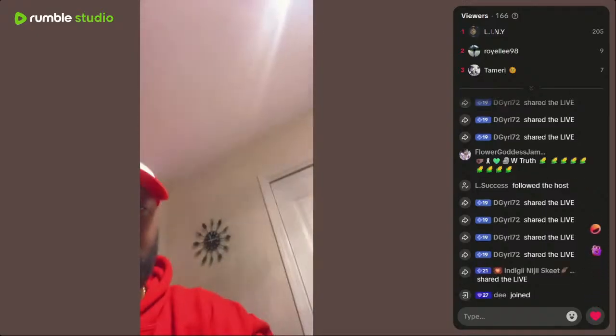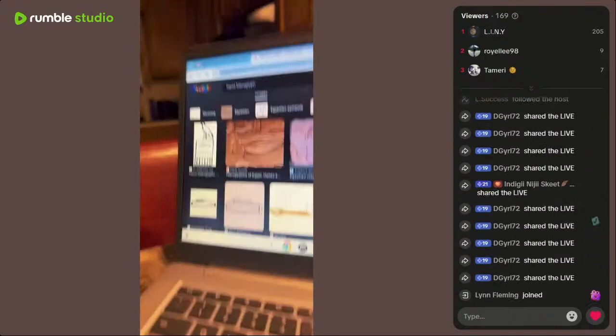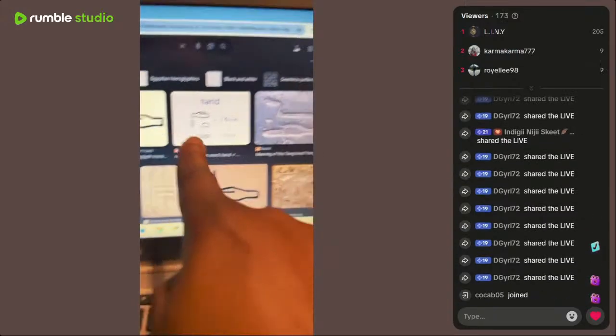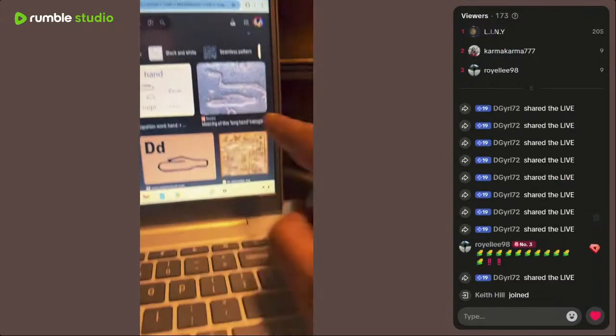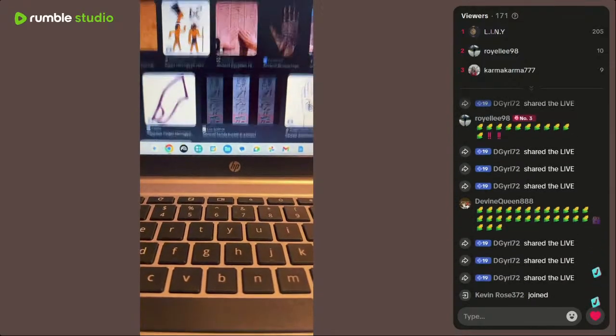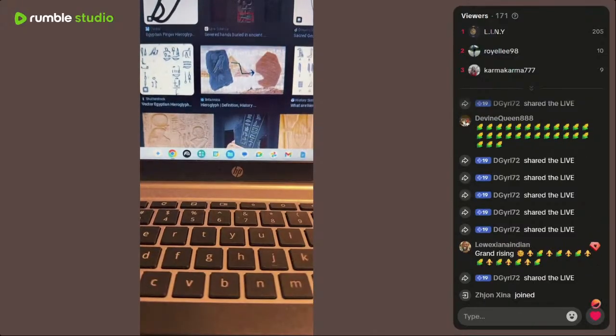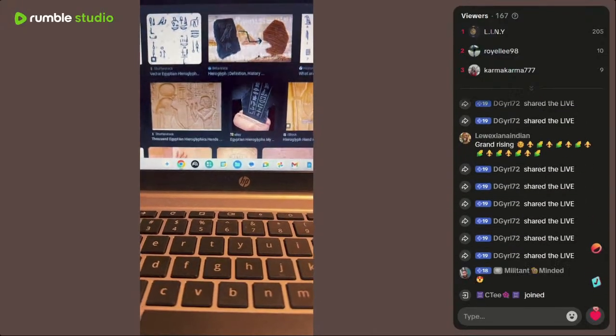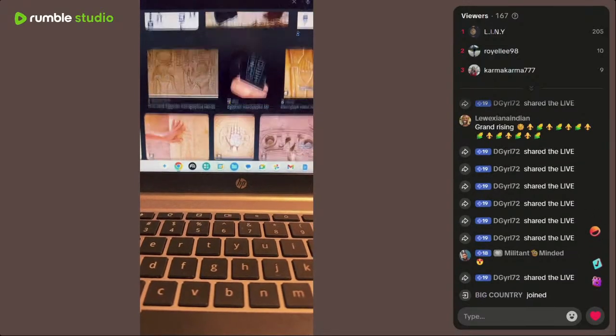Roll the coin. Right here. See the hand, the hand, the hand, the hand. You see it? The hand. Roll the coin. We know the truth now.